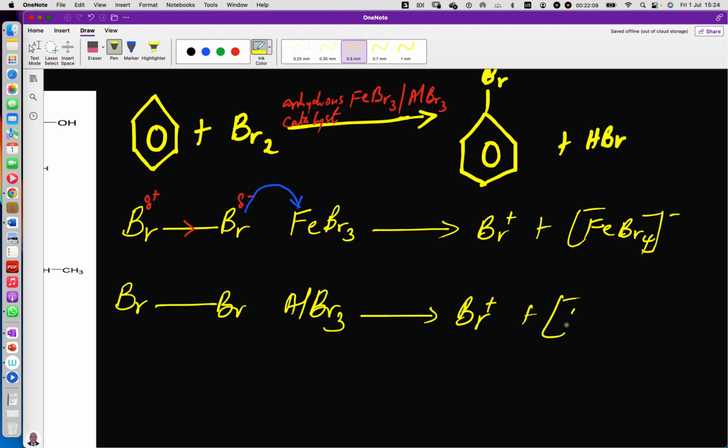And the complex here will be AlBr4 minus. So now, what is going to happen here is the same thing.